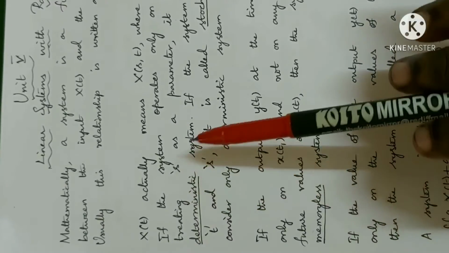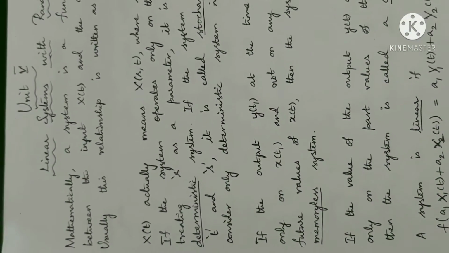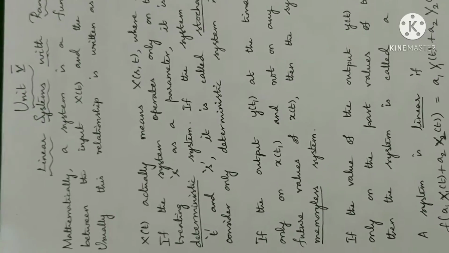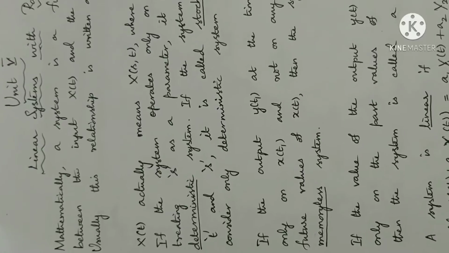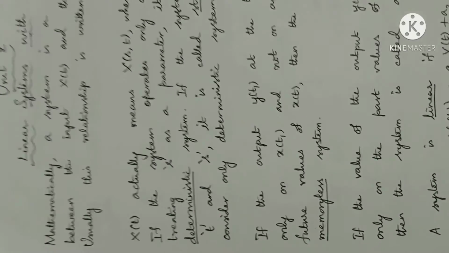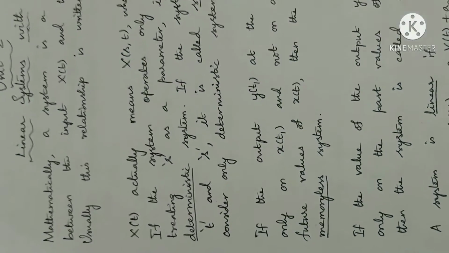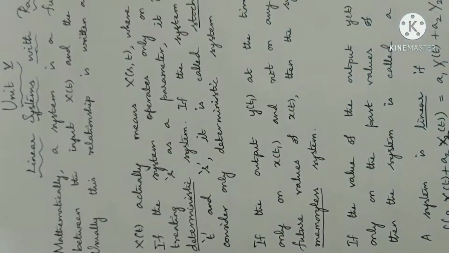In a deterministic experiment we know what the output is. Even in a random experiment we know the possible outputs, but we cannot predict which output we will have. In a deterministic experiment it is clear what the output will be. Similarly here, in a deterministic system we know how the output will be.